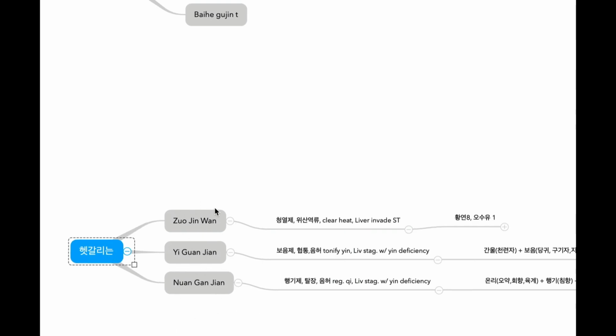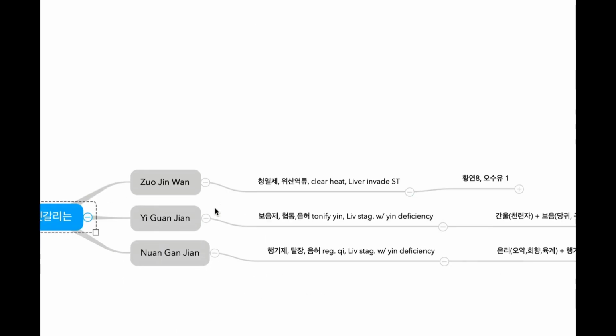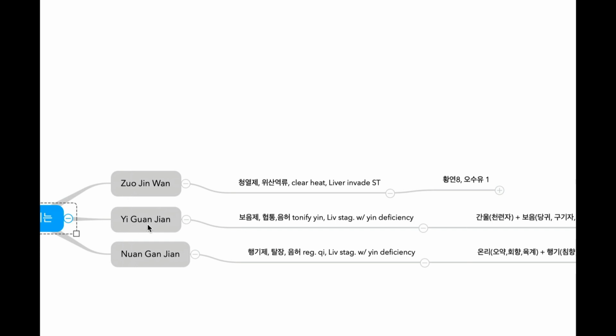These three formulas are really confusing. Yiguanjian, I told you the name implies penetrating two different things with one principle, that is Yiguan. So what are the two different principles? Yin deficiency and liver qi stagnation. Those are very different and do not come very often together.